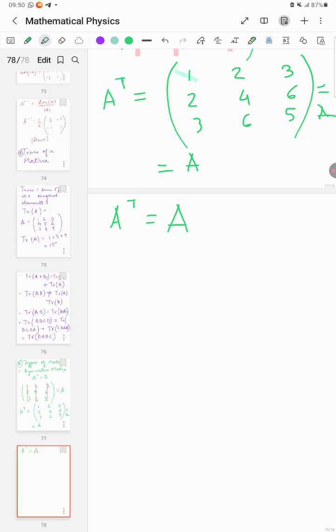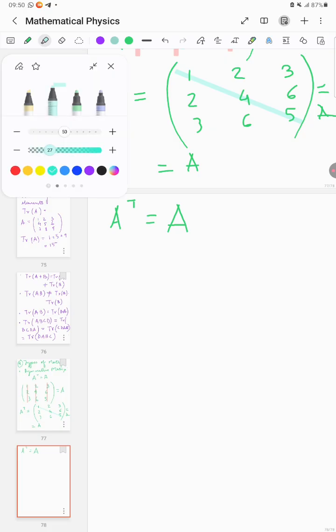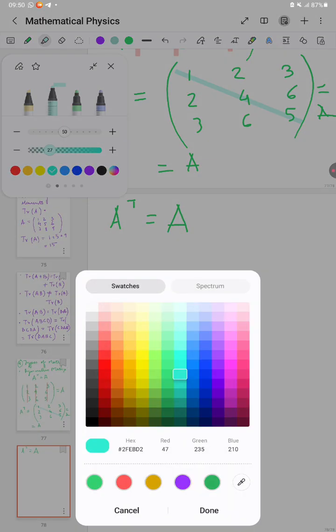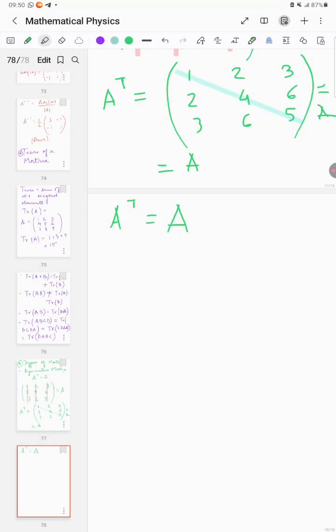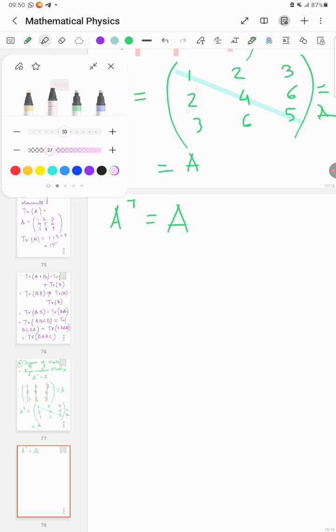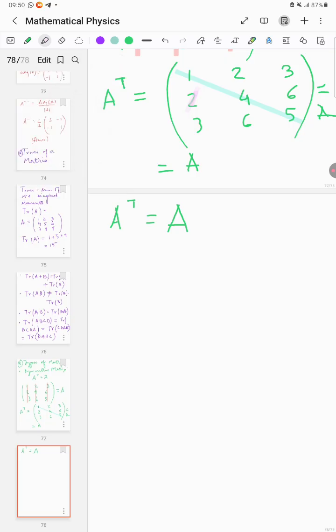If these are the diagonal elements, look, all the elements on both sides of the diagonal are symmetric: 2, 2, 3, 3, 6, 6.